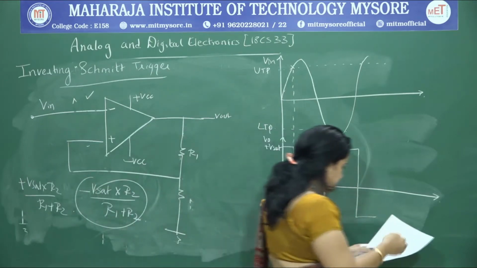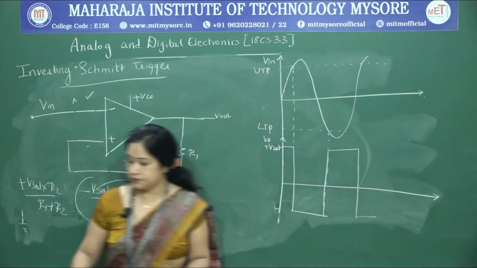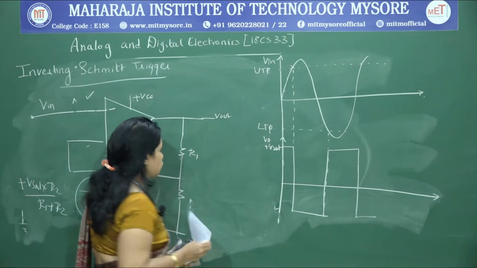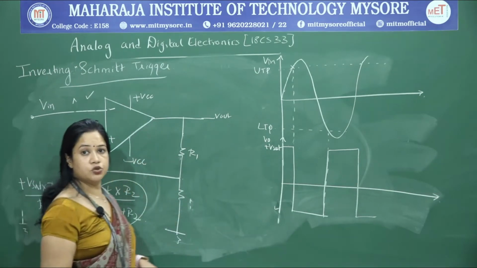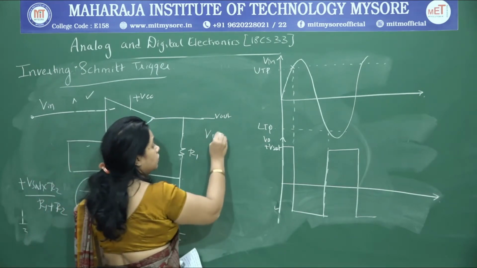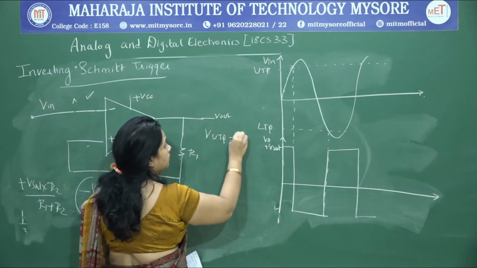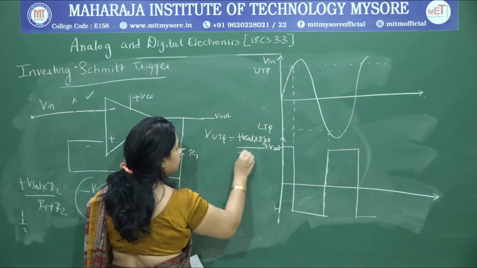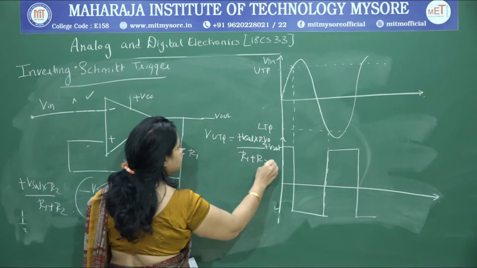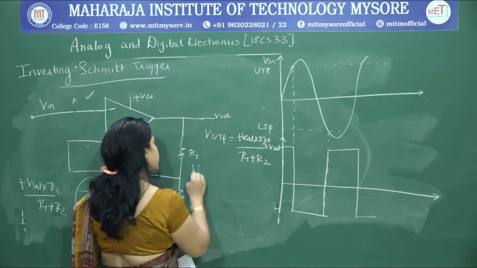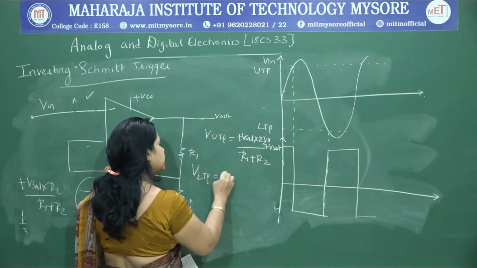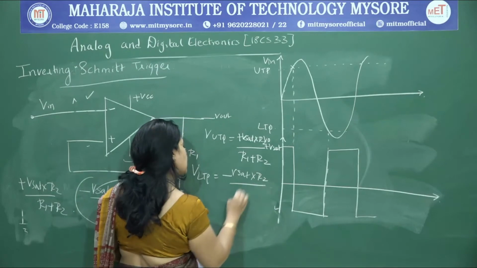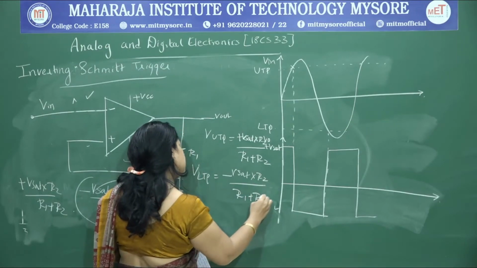I will just write what these threshold points are here. Your upper threshold point VUTP is plus Vsat into R2 divided by R1 plus R2, and the lower threshold point VLTP is minus Vsat into R2 by R1 plus R2.